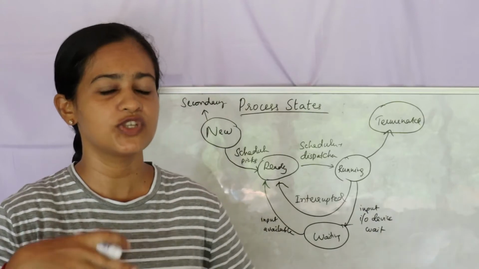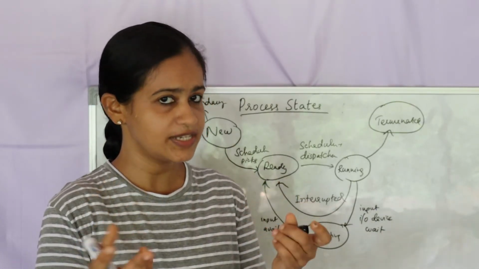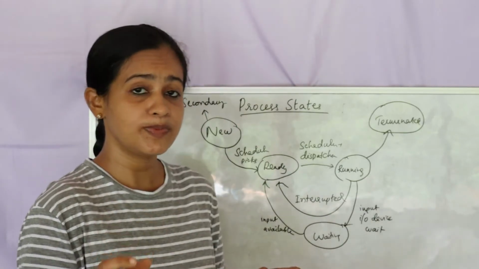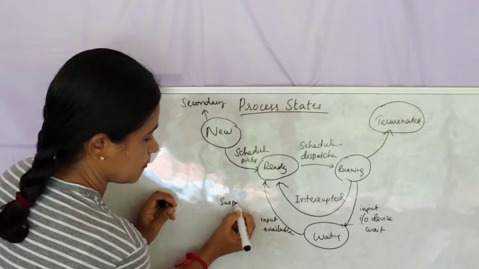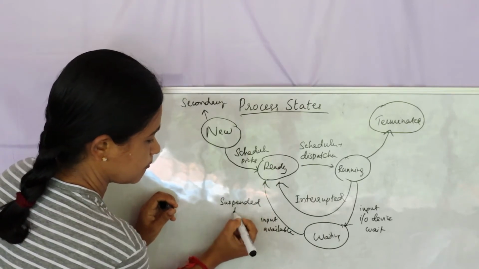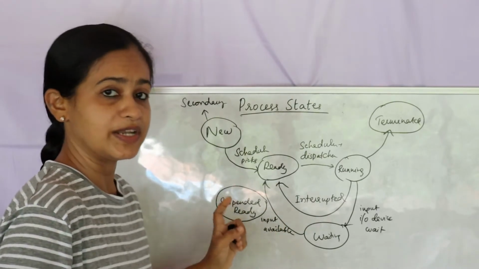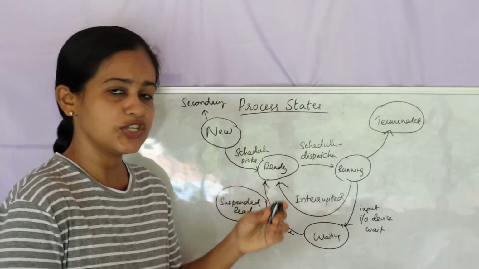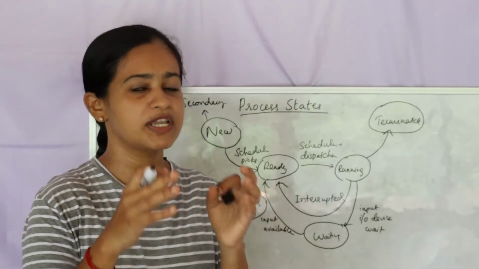In some systems which support virtual memory, there are two more states. One is suspended ready state. What is this suspended ready meaning? Imagine there are a lot of ready processes in the main memory and the main memory is getting full.